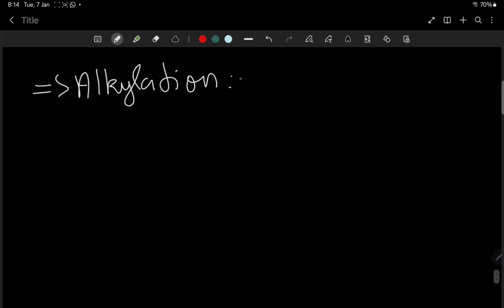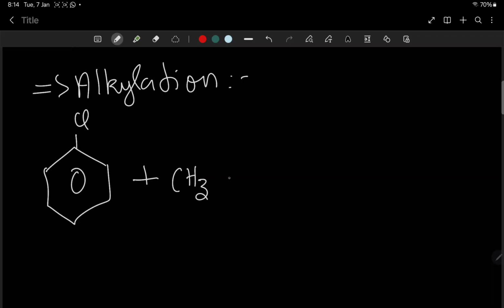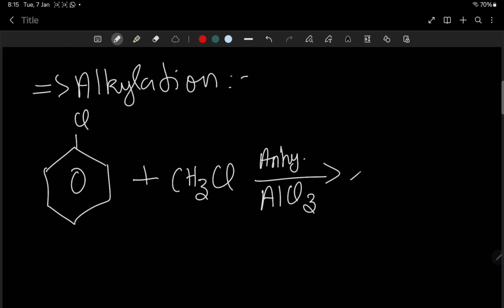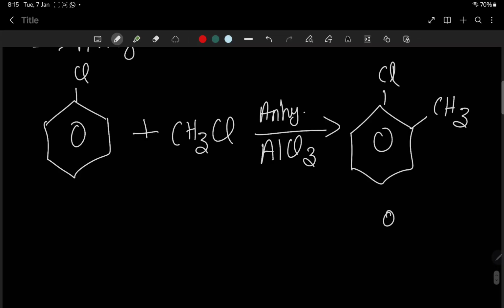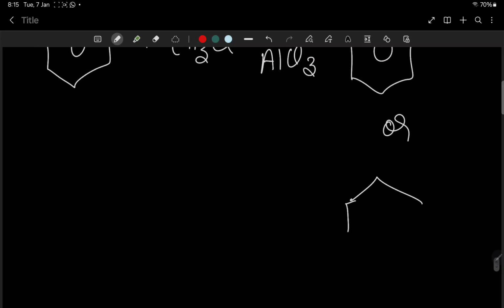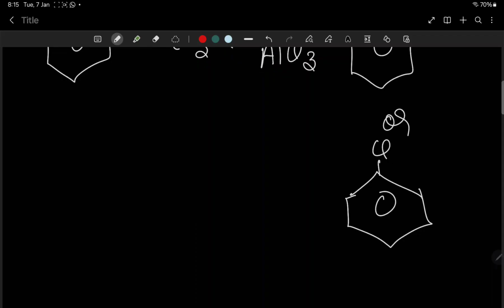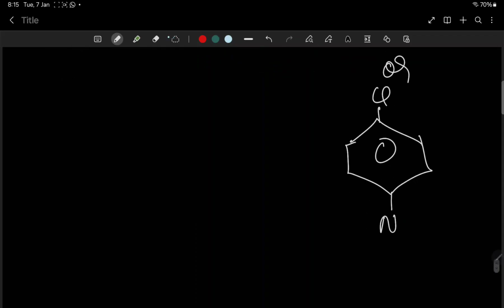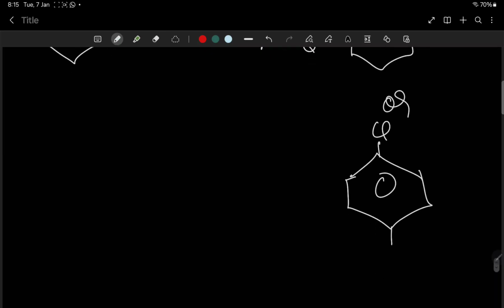We have the benzene ring, haloarene, plus CH3Cl, CH3CH2Cl, or any other haloalkane. Anhydrous AlCl3 is used here, very important. We get chlorine with CH3 at the para position. Here also para is the major and the other one, ortho, is minor. It is CH3, not NO2.